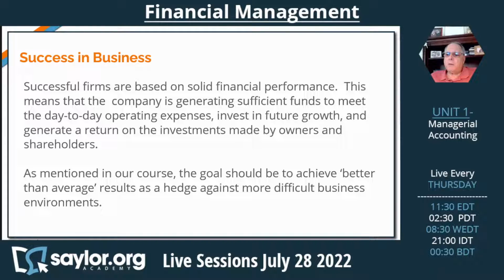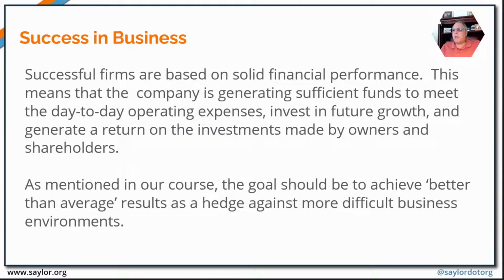Now, we mentioned in the course that one of the goals for business should be to achieve better than average results. So, although we could look at it and say, well, we're doing as well as everyone else in the market, I would encourage folks to try and establish their businesses, make decisions, and perform so that they are better than average. Why?